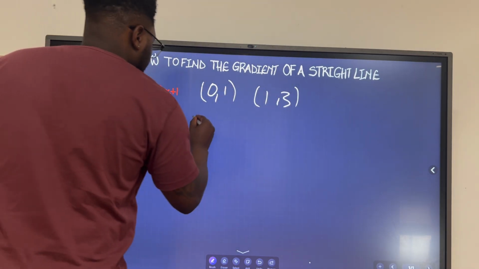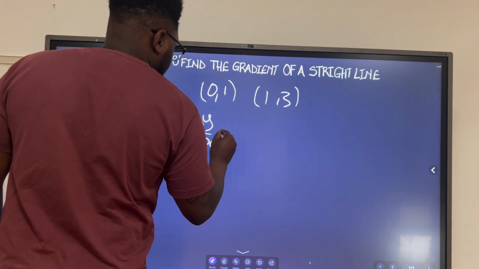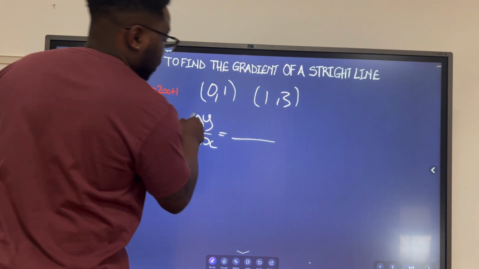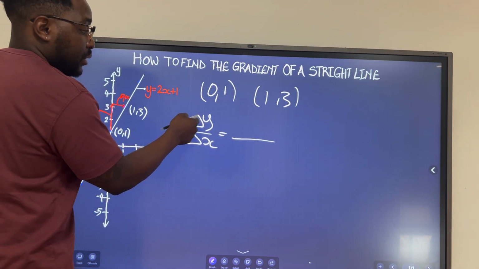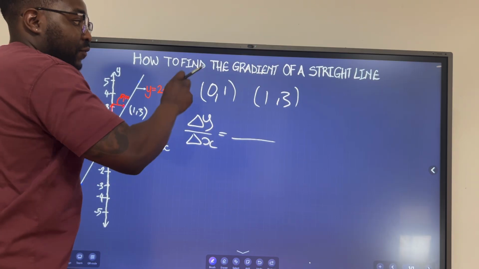And we just said that our change in y is the difference between what? Between the y values, yes?